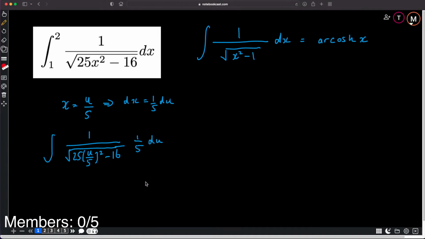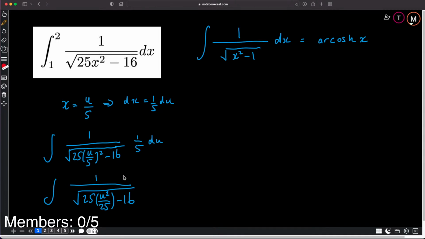And now notice what's happening in this expression. We're going to square this u on 5, and now we're going to get 25 times u squared on 25. That gives us a u squared.